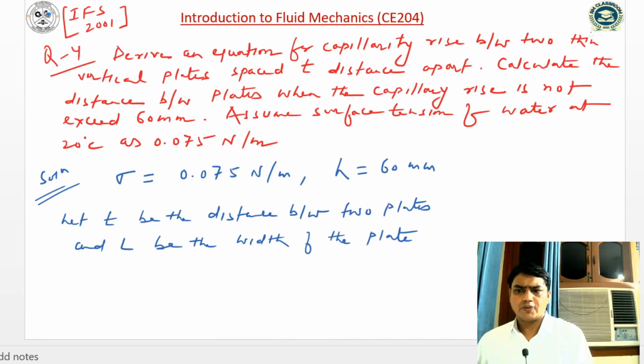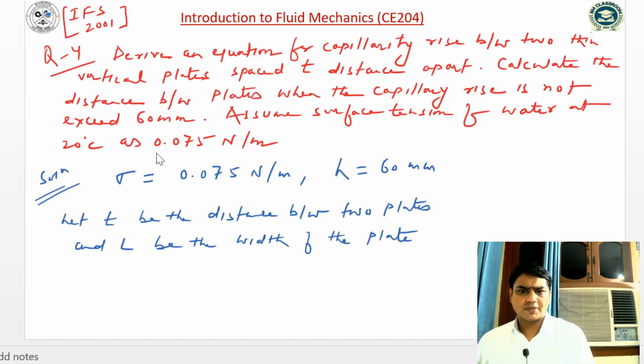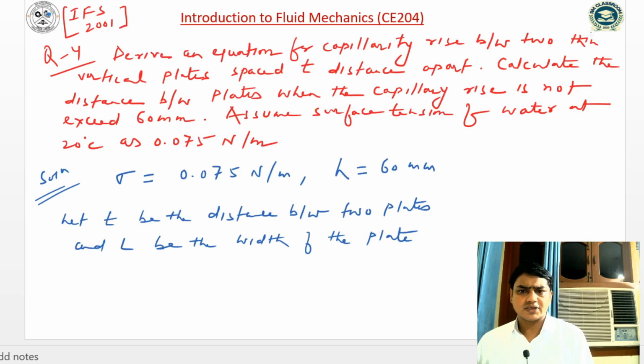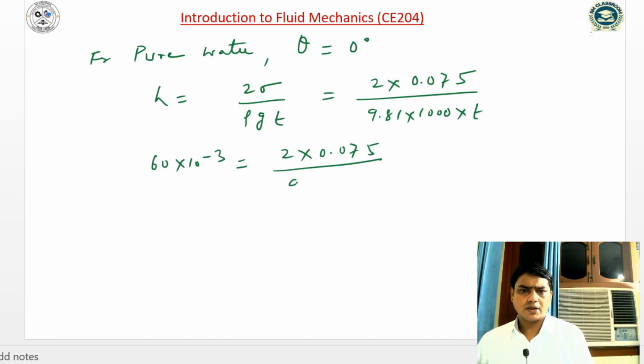So sigma is 0.075 divided by 9.81 into density of water, 1000, into distance apart. So it will be t distance apart, and this value we have to find, and maximum capillary rise is given 60 mm. So it will be 60 into 10 to the power minus 3 is equal to 2 into 0.075 divided by 9.81 into 10 to the power 3 into t.